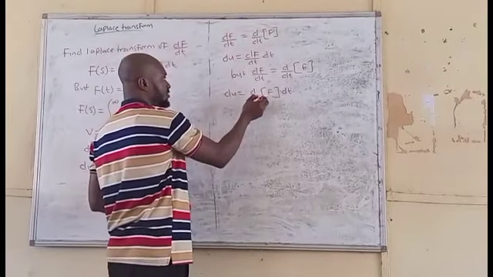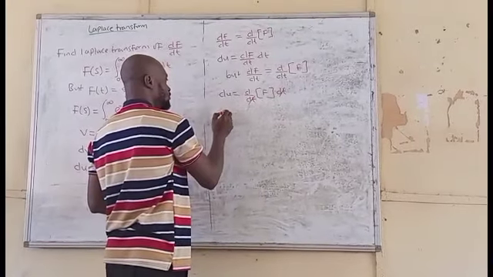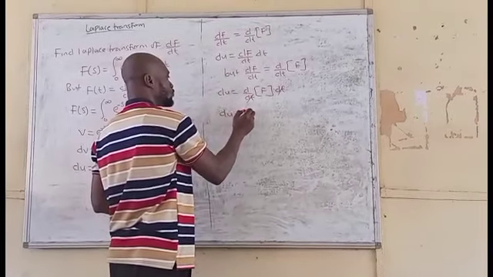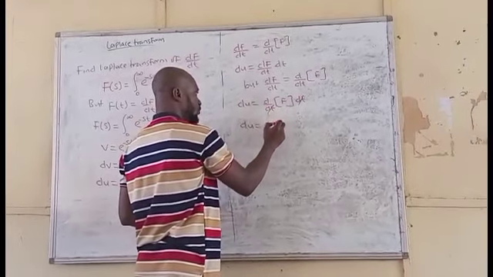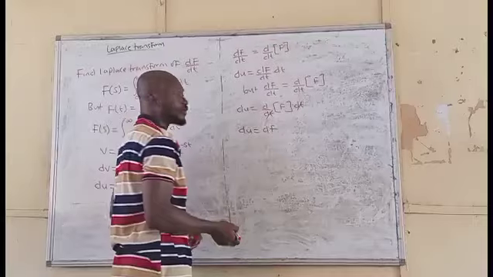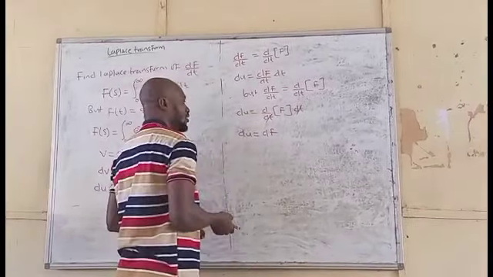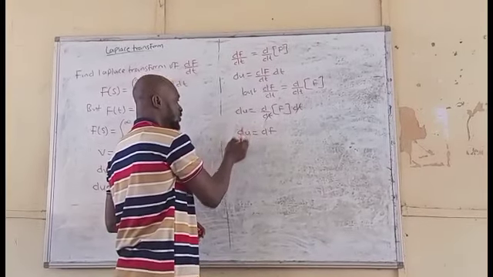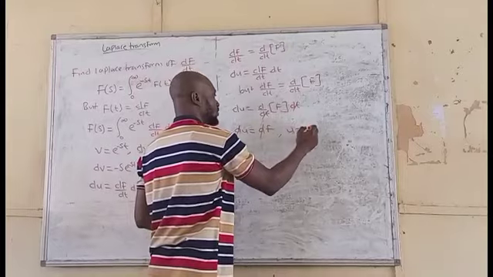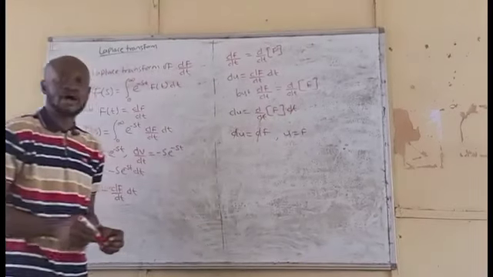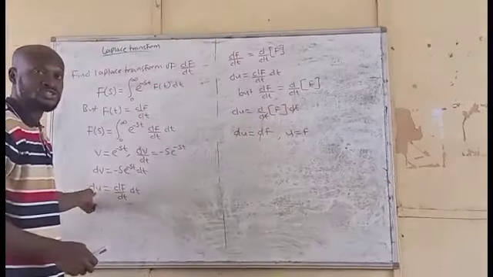So now this dt will cancel this dt. So I will now have du equal to d times f, which will give you f. So finally now I can easily get my u. My u will be like this, this will cancel this. So finally my u is equal to f. Now I have gotten my u, and my du is known.